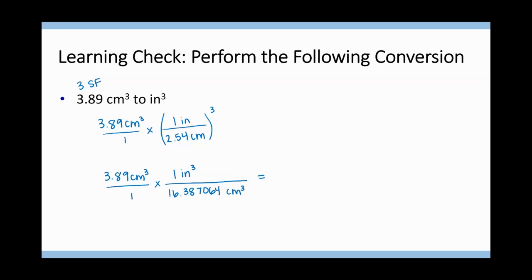So now you can do 3.89 divided by 16.38764, and you should get that this is 0.2374 inches cubed. See, we cancel out centimeters cubed. And then we need to reduce to 3 sig figs, so we have 0.237 inches cubed as a final answer.